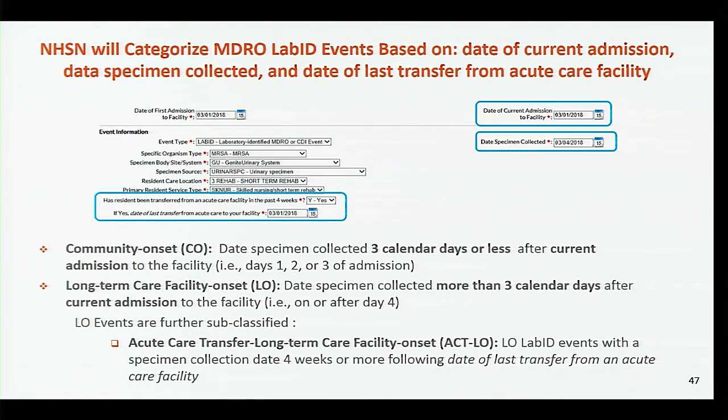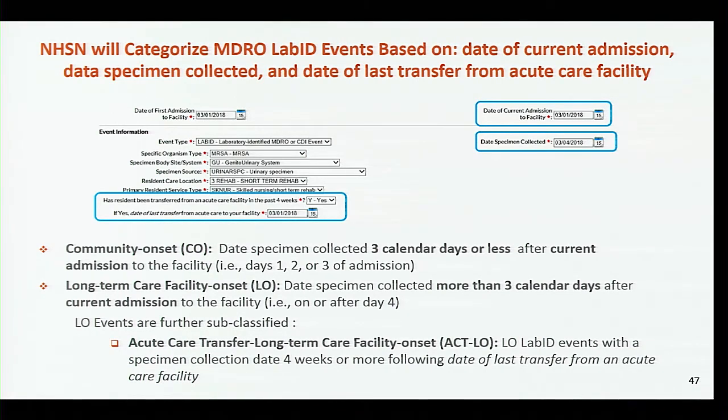These definitions are the same for categorizing CDI as well as MDRO, so you're working with the same set of definitions here. A community onset will be any specimen collected 3 calendar days or less after the current admission to the facility. The long-term care facility onset are any specimen collected more than 3 days after that current admission to the facility.